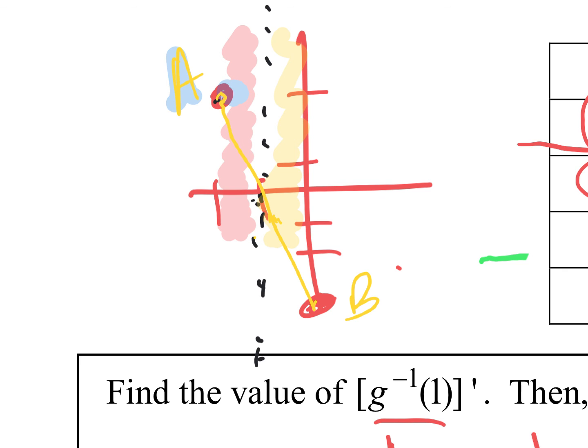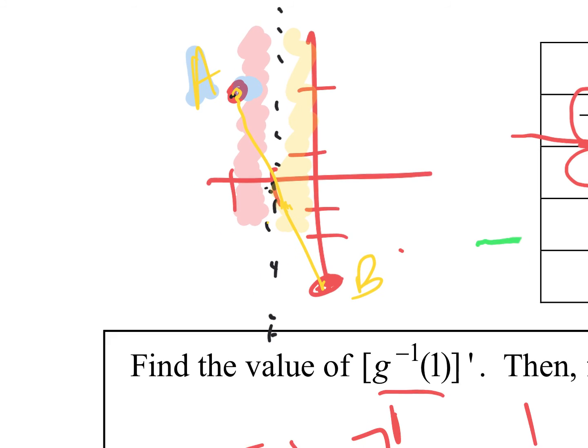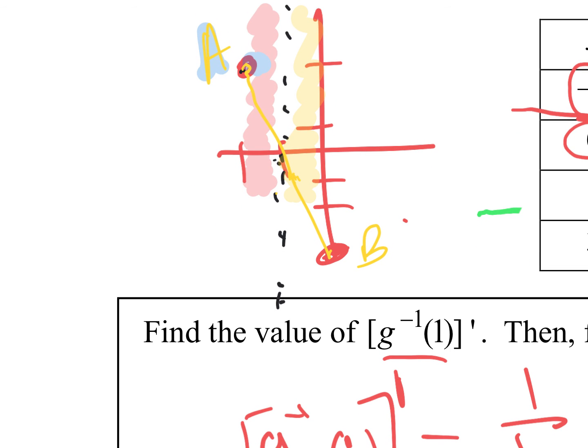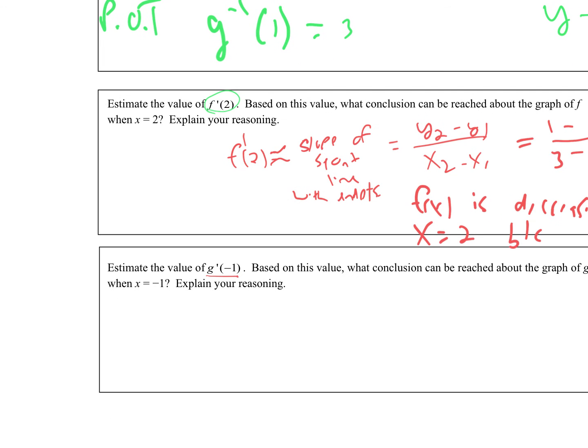So not only can I say it's decreasing, I can get an approximation because the slope of that secant will be approximately the slope of the continuous function that could have gone through those 2 points. That slope of that secant will be approximately the same as the derivative of that function in there. So I just need to do the slope formula of those 2 points.